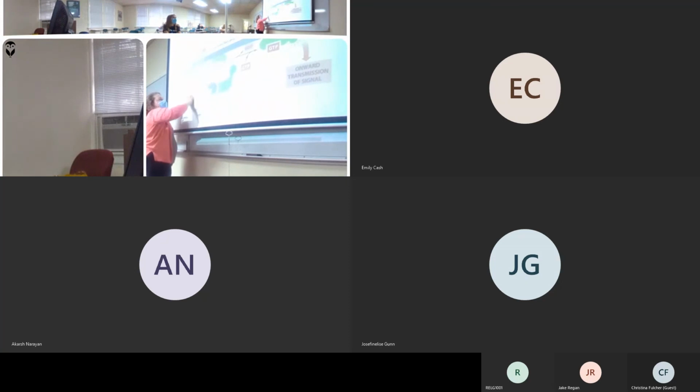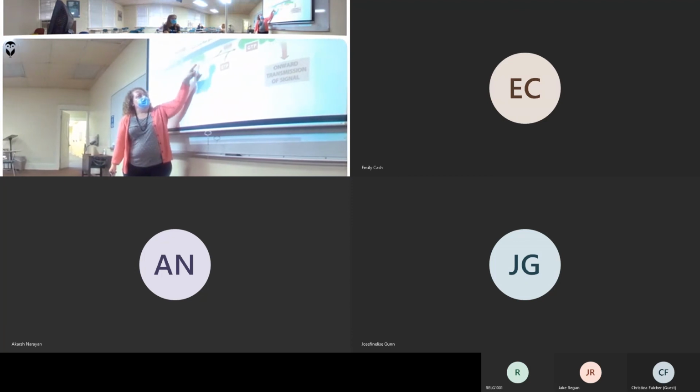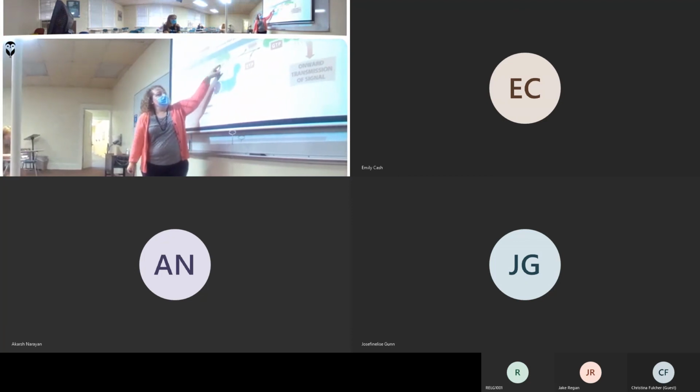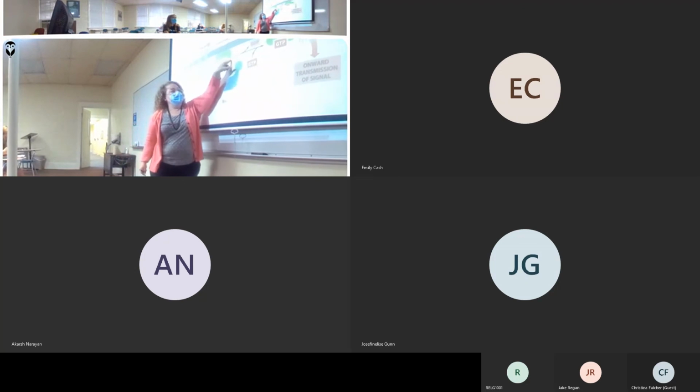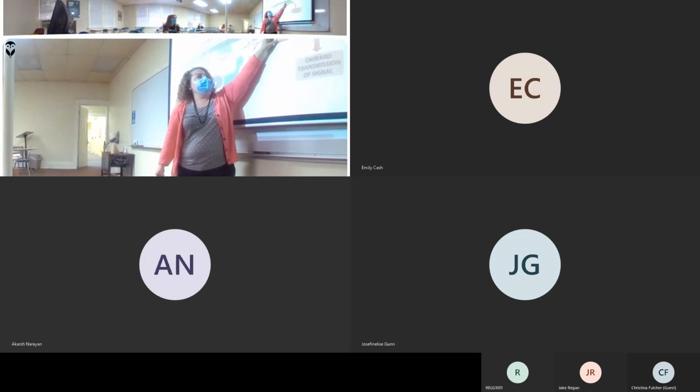Then adapter proteins come in onto that new surface, which causes activation of RAS-GEF, which helps nearby RAS switch a GDP for a GTP, which activates it.